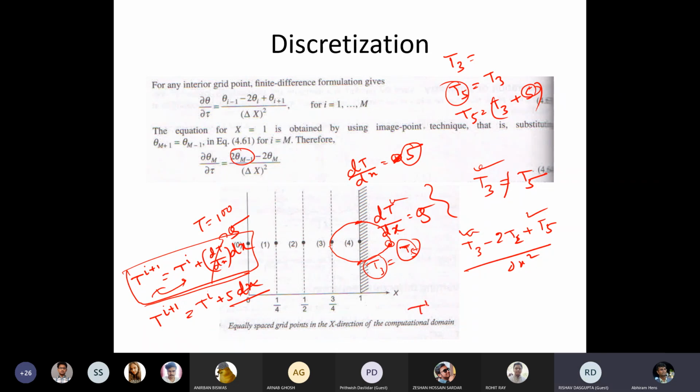T(i+1) will be equal to T(i) plus 5 into 0.1, so the increment will be 0.5. So if I take i equal to 4, then T5 will be equal to T4 plus 0.5. So that is how you can express this virtual point in terms of the known ones.